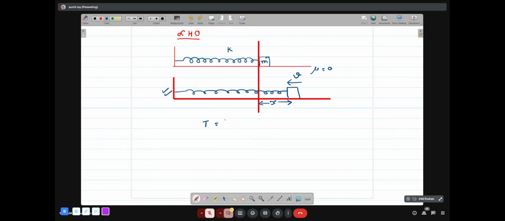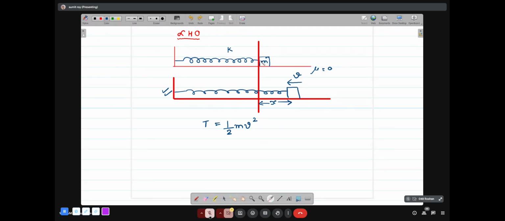Sir, half kx square. I'm asking kinetic energy. Why is this object not moving? Why rest?